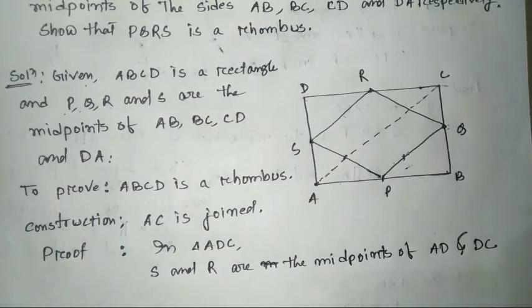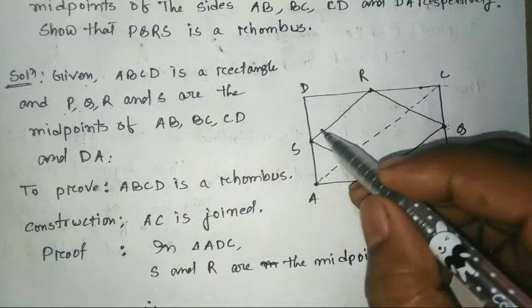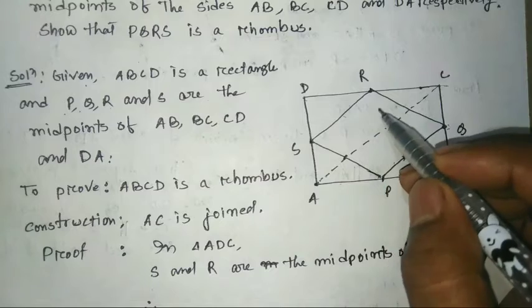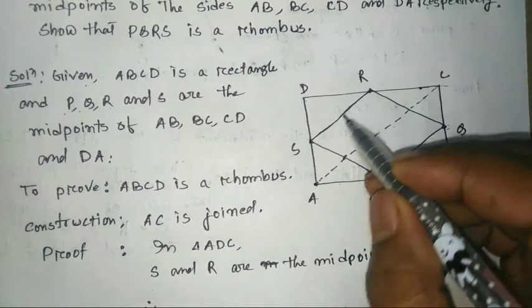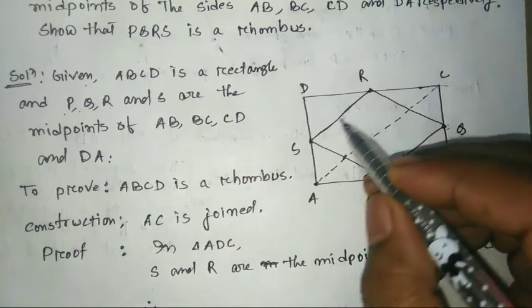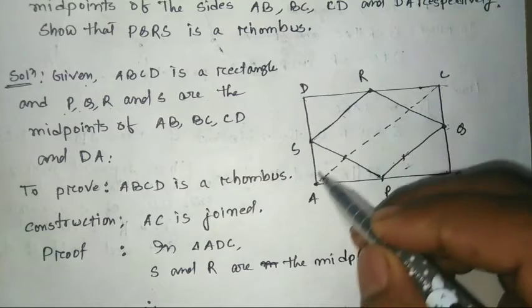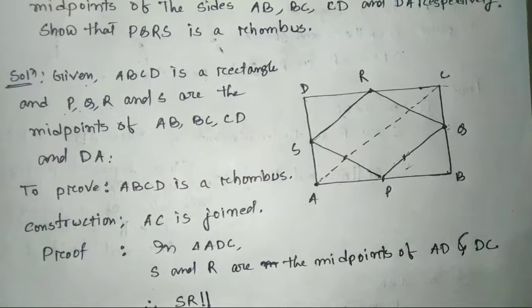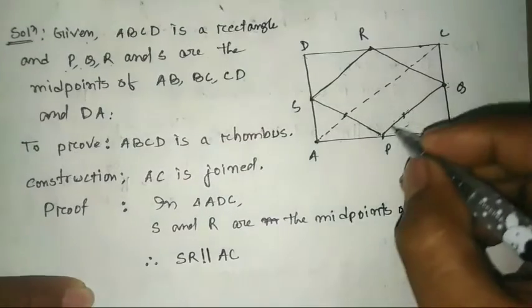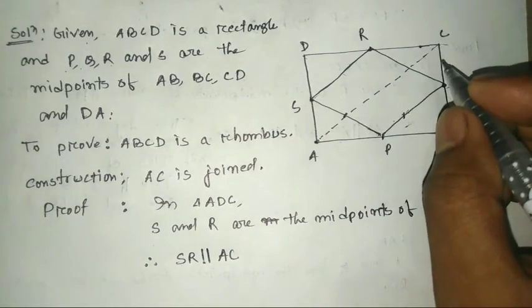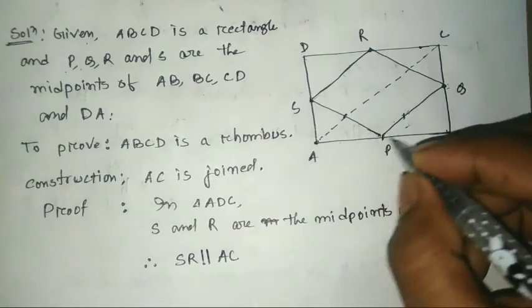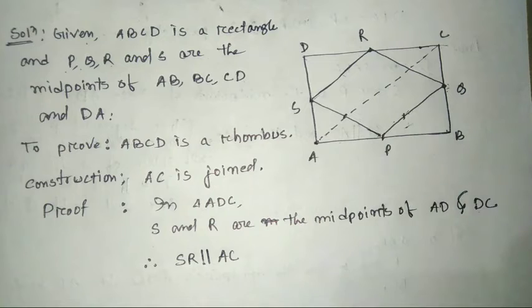Therefore what can we write? We know that the line segment joining the midpoints of two sides of a triangle is parallel and equal to half of the third side. So we can say that SR is parallel to AC. Similarly we can say that PQ is parallel to AC, because P and Q are the midpoints.